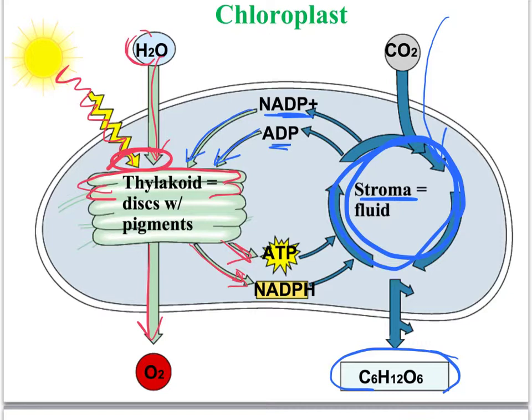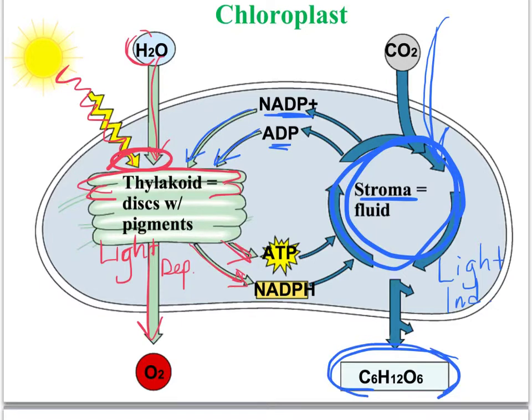All right, so over here we have the light-dependent reactions. Okay, and the light-dependent reactions are using water and using sunlight and creating oxygen gas. And then over here we have the light-independent reactions, okay, which are going to be using this energy from the light-dependent reactions, CO2 from the atmosphere, to make glucose, which is the food.